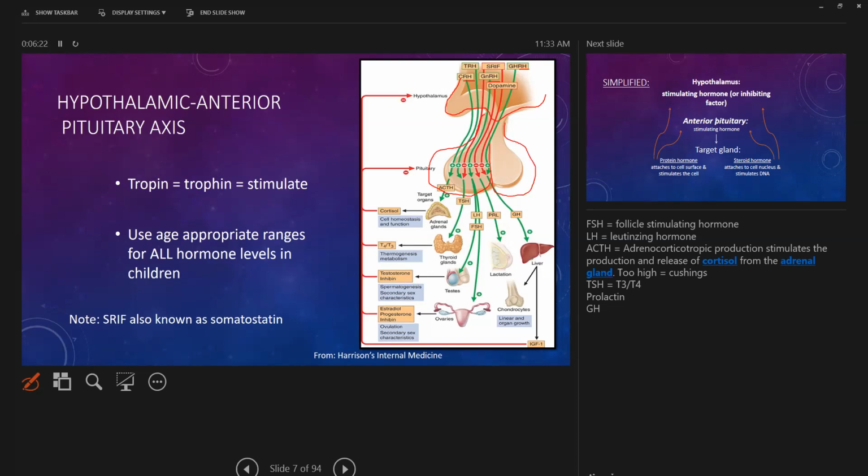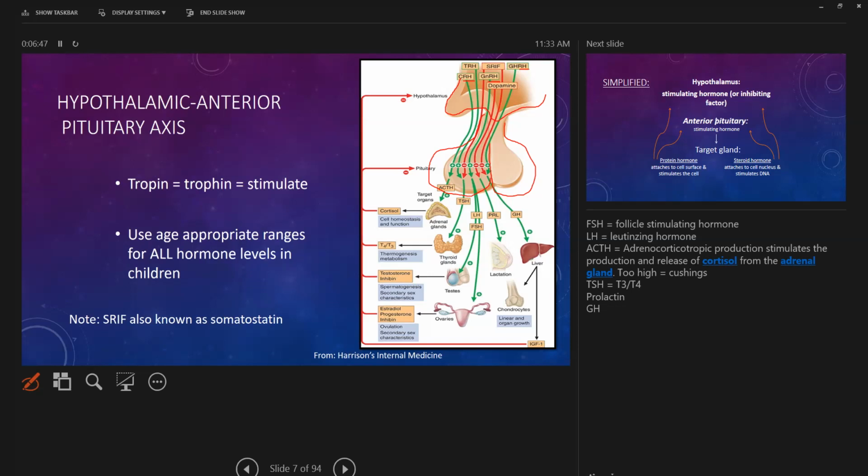So in the anterior pituitary, we make certain hormones that are stored and then released at the call of the hypothalamus. So when the hypothalamus releases hormone to trigger the release, that's the control mechanism that causes the release of these hormones that are stored in the anterior pituitary.